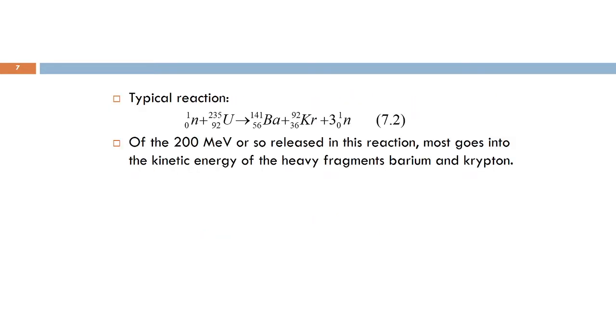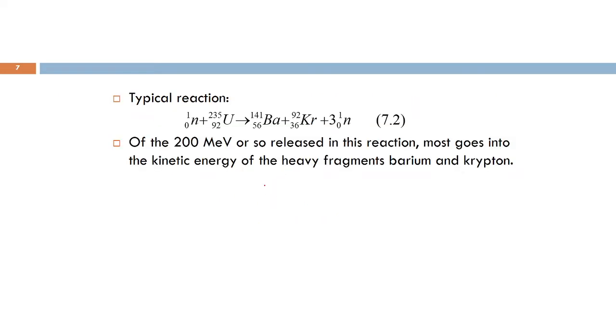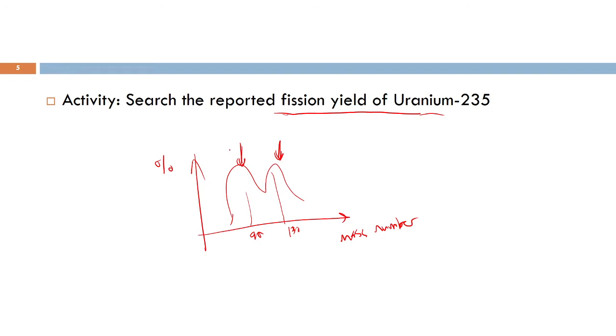Like I said just now, this one is about 90, and this one is 130 to 145 something. Precisely, it is reported that it is barium-141 and krypton-92. So this one is krypton, that one is barium.